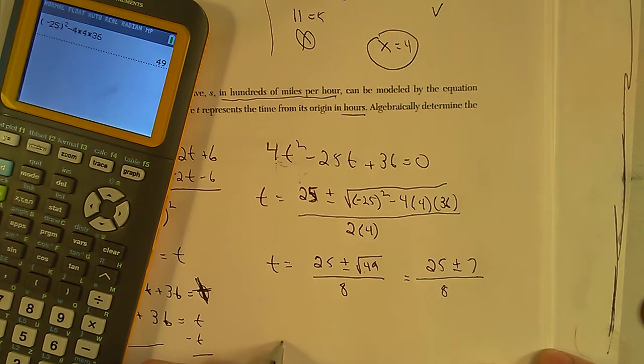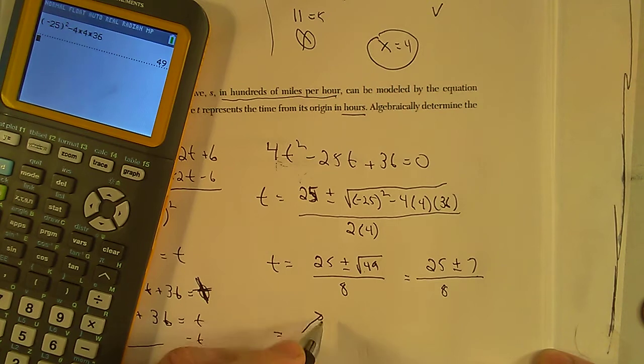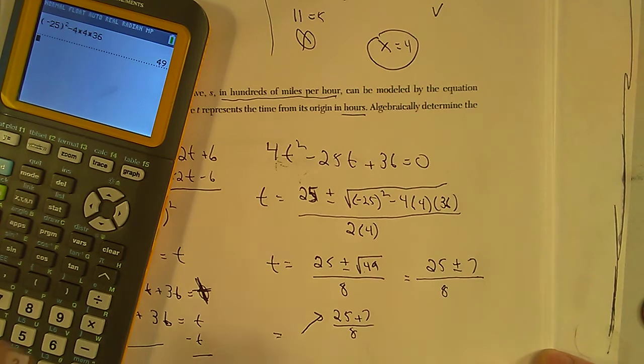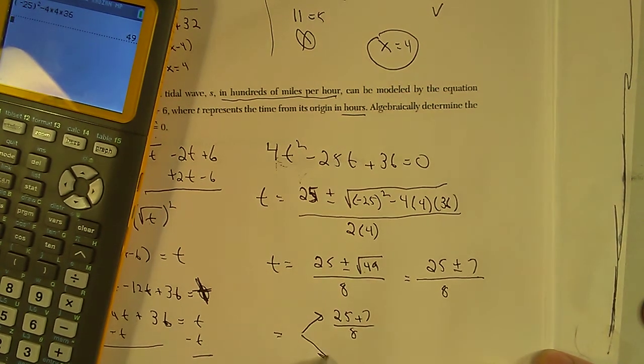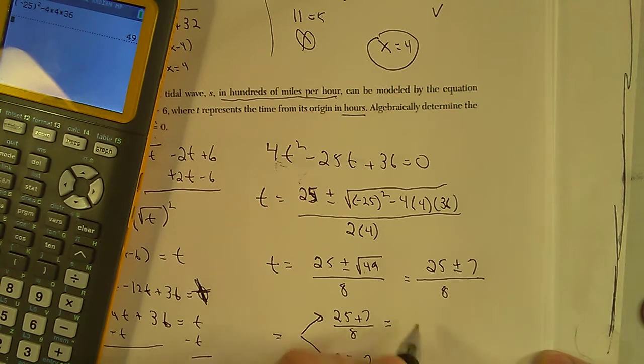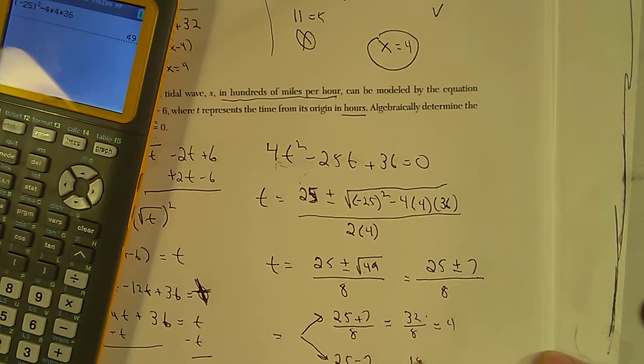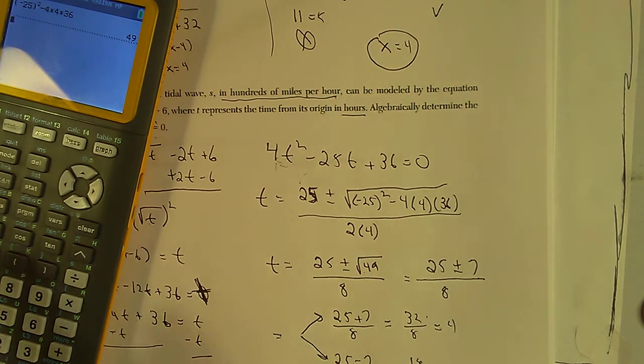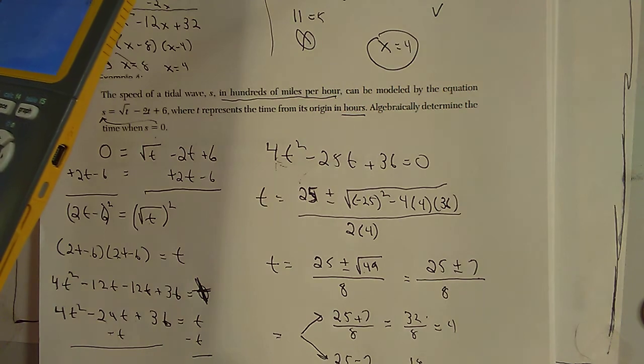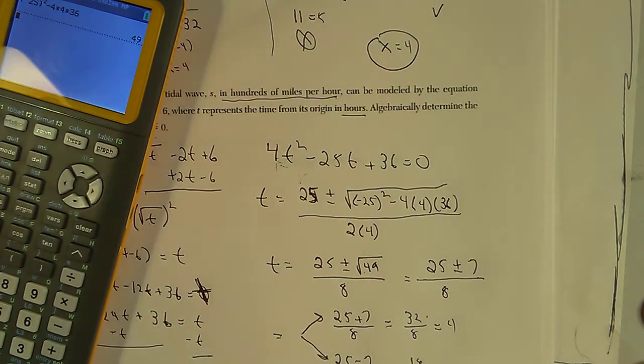So that's 2 numbers. That's 25 plus 7 over 8, and 25 minus 7 over 8. 32 over 8 is 4. 25 minus 7 is 18 over 8, 9/4.